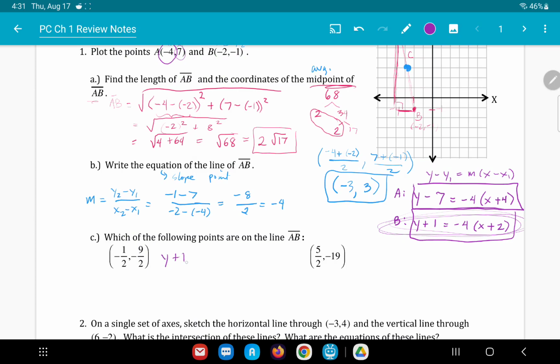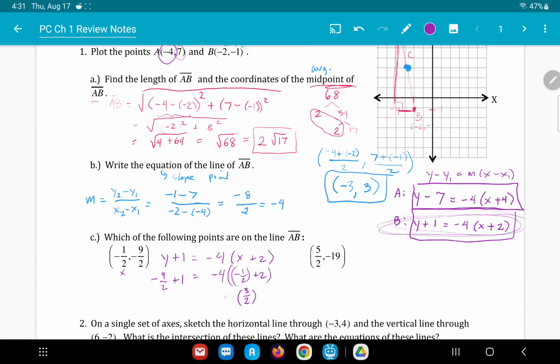So we have y plus 1 equals negative 4 times x plus 2. Okay. So if we plug in the x value, negative 1/2, right here, just like that. And then we can also plug in the negative 9/2 right here. Let's see what we end up getting. Negative 1/2 plus 2 is going to give us 3/2.